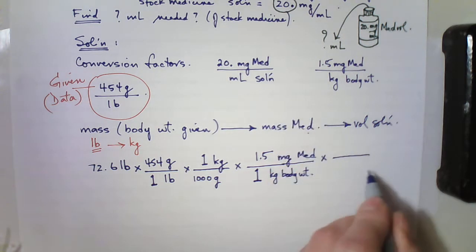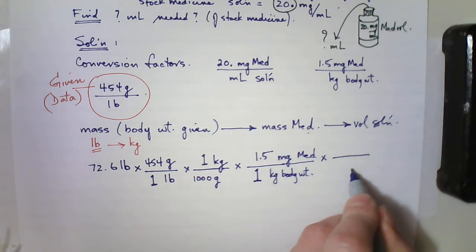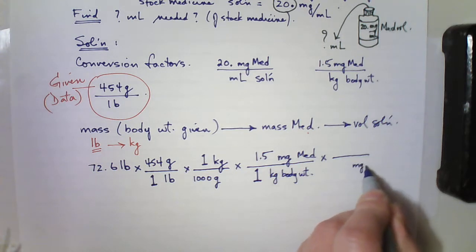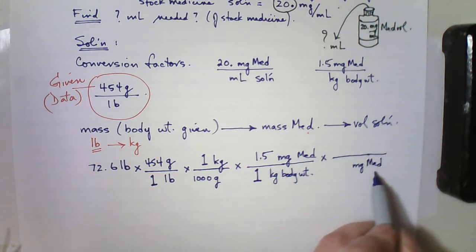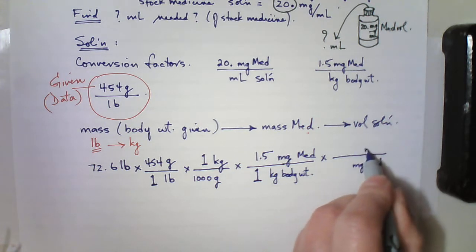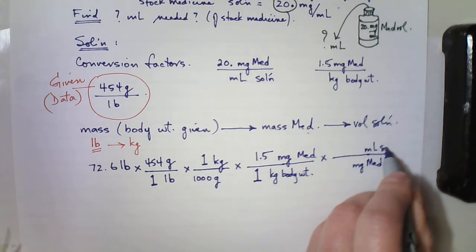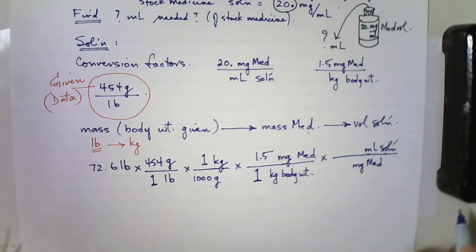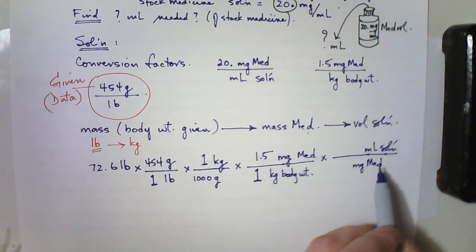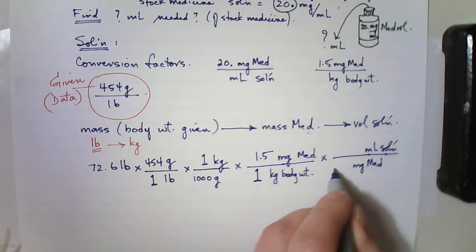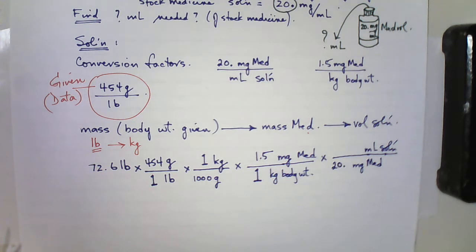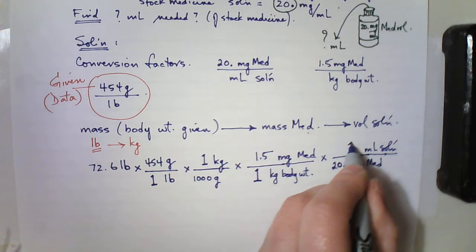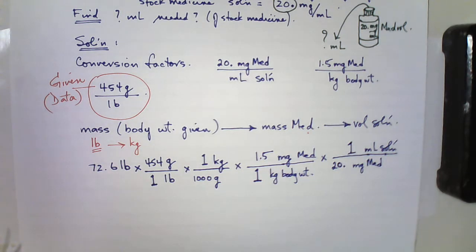Before I fill it in, my units: I want to get rid of milligrams of Medrol and get to milliliters of solution. And my question tells me that there are 20 milligrams of Medrol per every milliliter of solution.